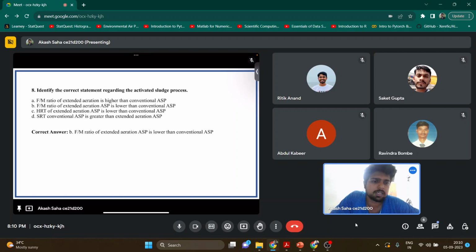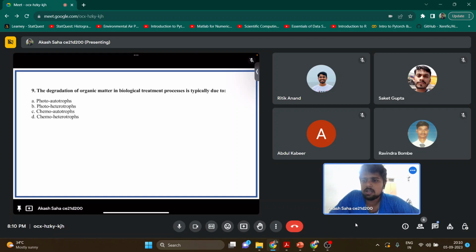So option B is correct. Did you understand? We have to compare F by M ratio, HRT and SRT. My HRT will be higher, solid retention time will also be higher, but since we have extended this process for a longer period of time, my food will be getting consumed and my microorganisms will increase, so my F by M ratio will be less. So option B is correct.